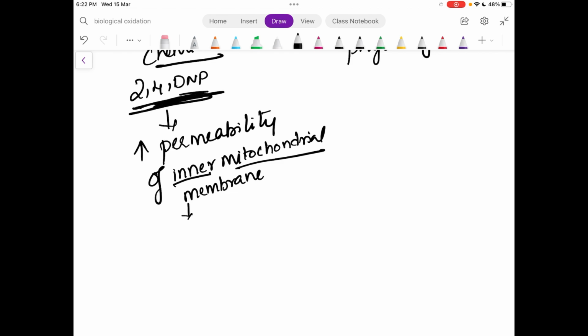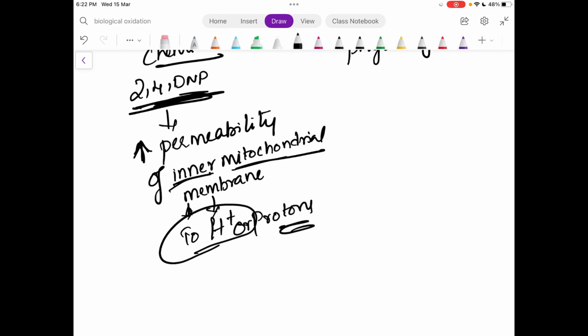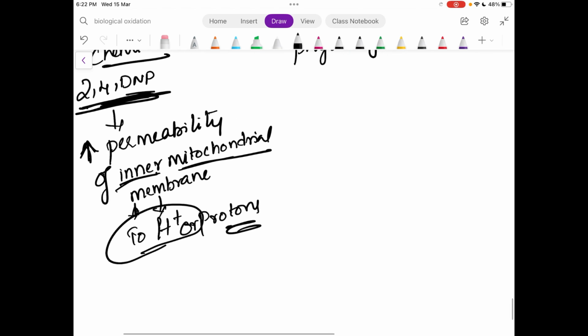But 2,4-DNP increases permeability of the inner mitochondrial membrane to H plus ions, so it increases abnormal movement of protons from the intermembrane space to the matrix.